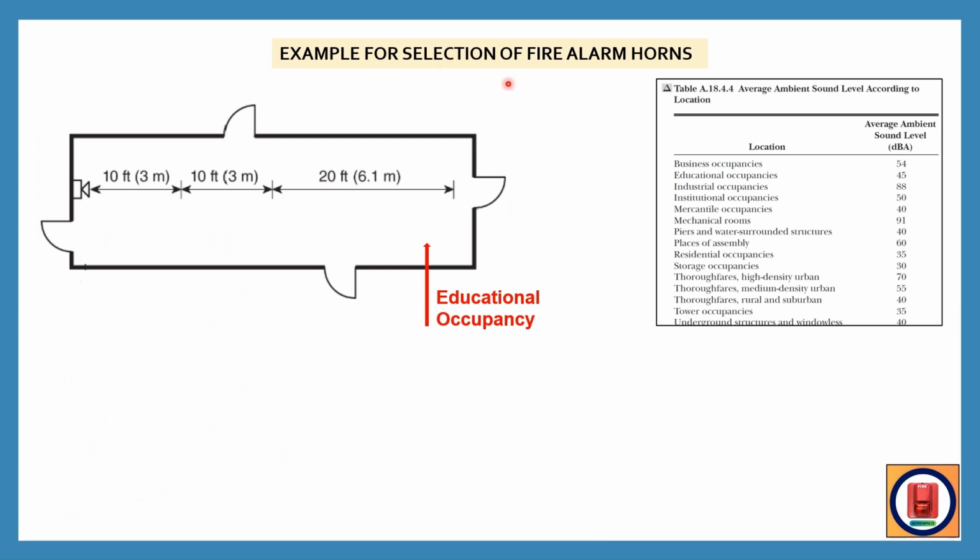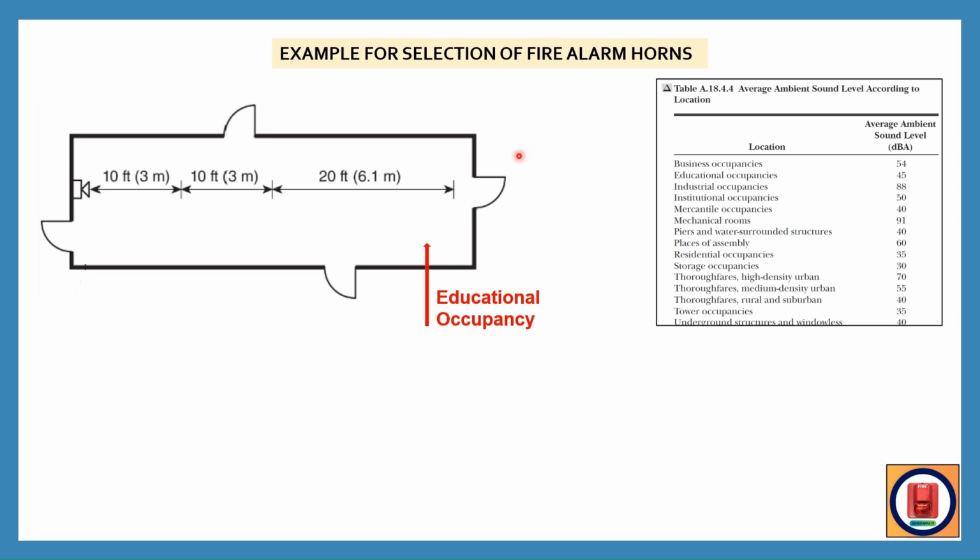Coming back to our main topic, selection of fire alarm horns. This is Table A.18.4.4, which states the average ambient sound level according to the location. This has been taken from NFPA 72.